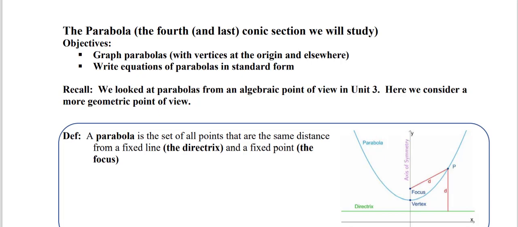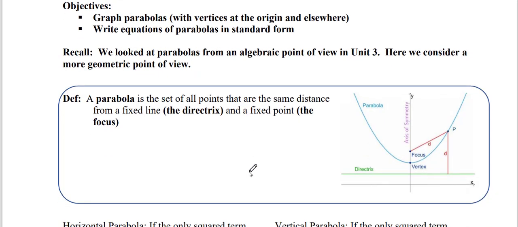Here we are going to consider a more geometric view and a slightly different definition than what we saw back in Unit 3. Our definition of a parabola here is the set of all points that are the same distance from a fixed line, which we call the directrix, and a fixed point, which we call the focus.